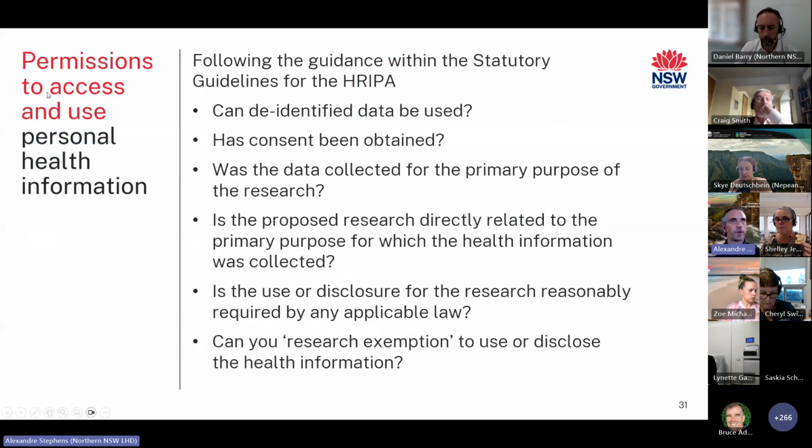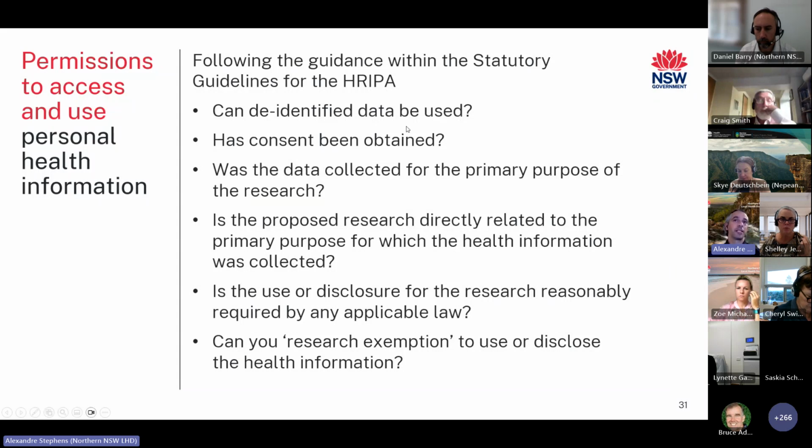So focusing on the permissions to access and use personal information, I find it's really handy to go through the legislation. In New South Wales, the Health Records and Information Privacy Act has a really handy statutory guideline for research, and you can follow that systematically to understand what can provide you the permission to access and use data.